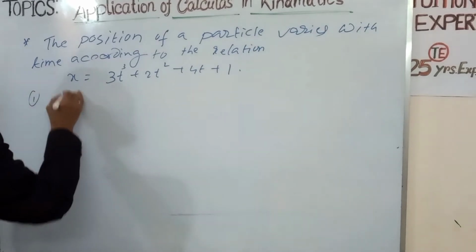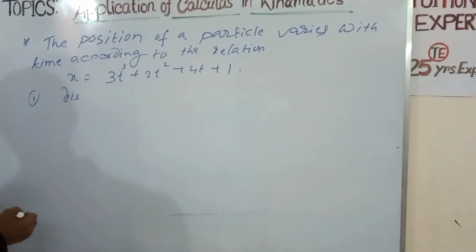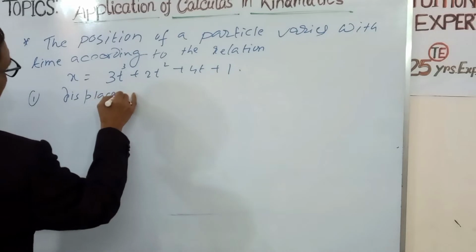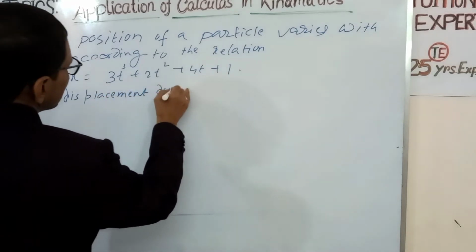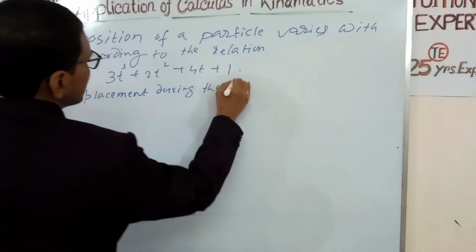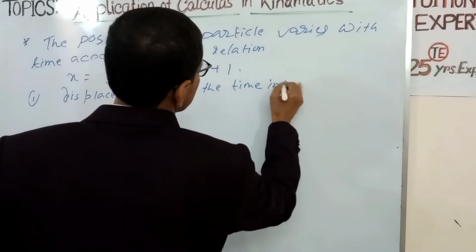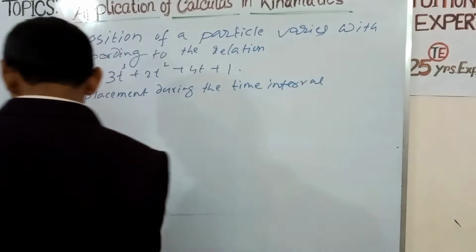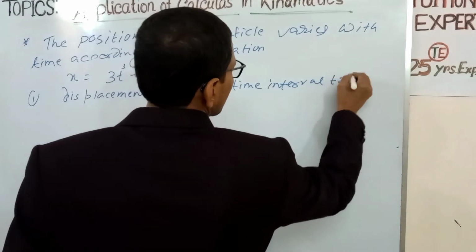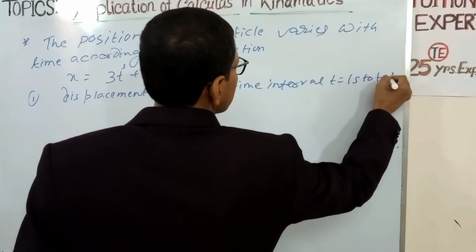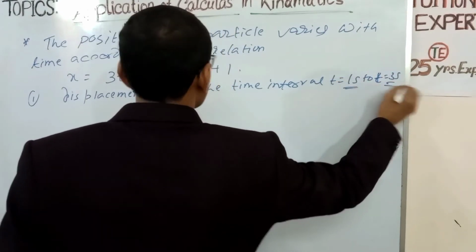Question is, find the displacement during the time interval t equal to 1 second to t equal to 3 second.